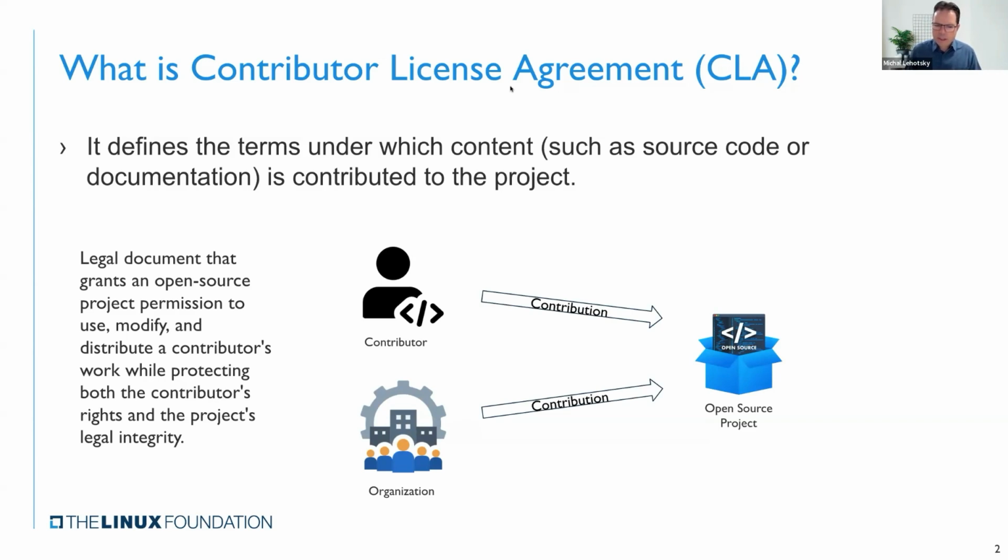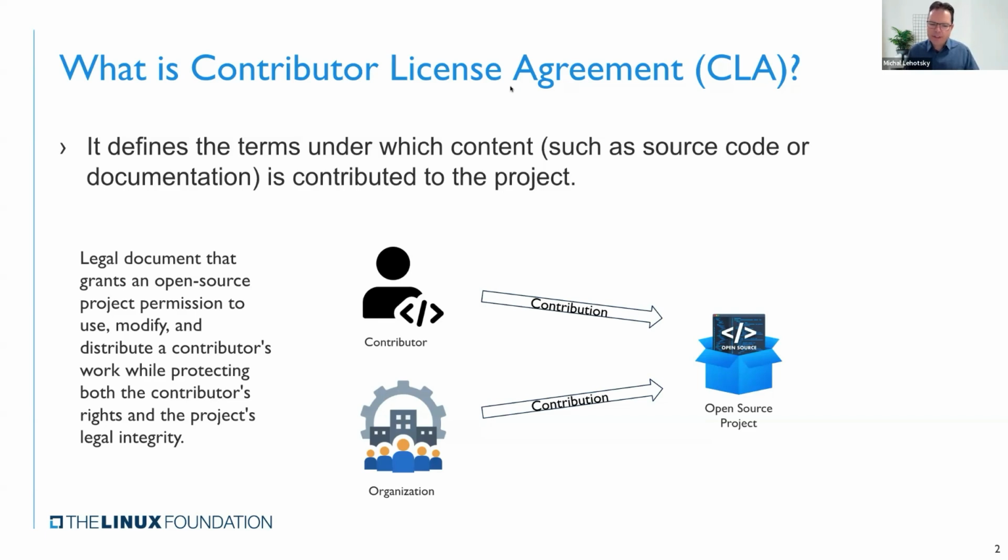Now, as I mentioned, these contributors can just come and contribute to the open source project, but how do we know that code they contribute is their code? What if they copy from somewhere else? What if they contribute to the project and later will come, oh, that's my work, I want it back.